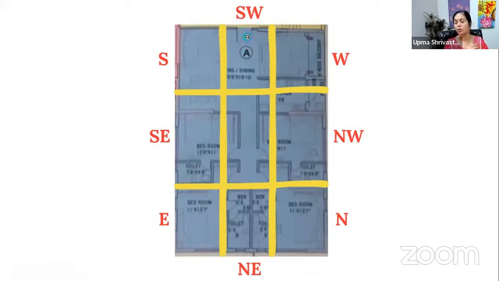Because of that, the client stayed in this southwest direction, which is normally governed by Rahu. Rahu and Ketu normally stay opposite to each other. So what happened here? Rahu has taken the southwest direction, which it governs.